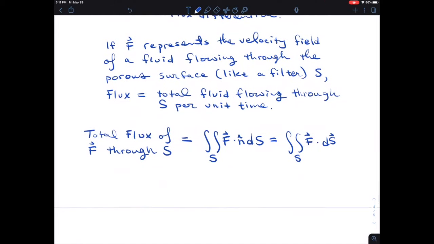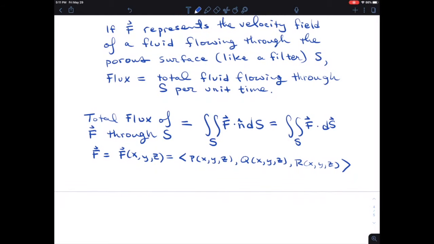Okay. And so just as a reminder, the F field is really a function of x, y, and z, which has component functions P, Q, and R. Okay, so that is the field.